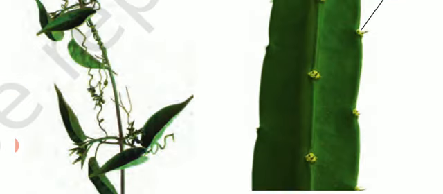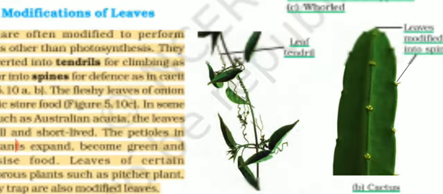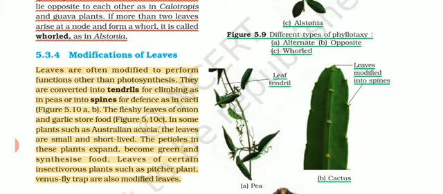This is not a leaf, this is a fleshy stem, and leaves are modified into spines because cactus is grown in the desert area. So if the leaves will be enlarged, then more transpiration will take place and more dehydration can occur. That's why either leaves are absent or they are needle shaped or spine shaped in nature.